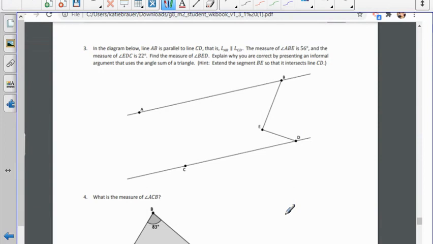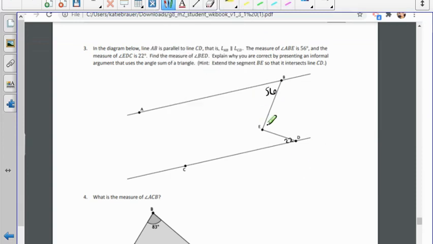So it says the measure of angle ABE is 56 degrees. So go ahead and write that in on your paper. It's 56 degrees. So here's E, D, C, this little angle right in here is 22 degrees. And I can't write that small, but you see where it is, 22 degrees. Find the measure of angle BED.